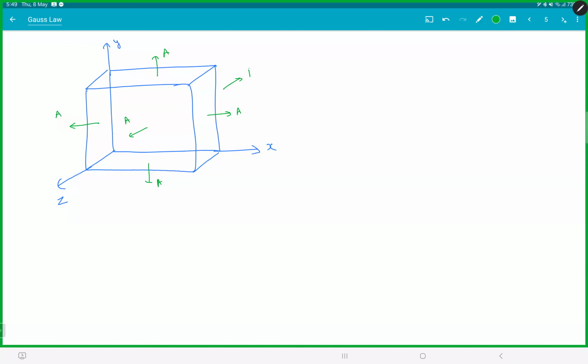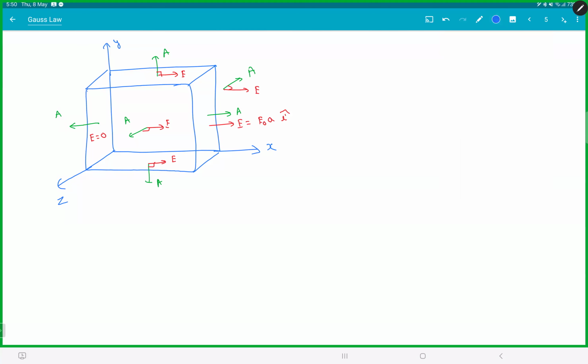Now, interestingly, when the field is changing, it is perpendicular. So the field is actually changing for 3, 4, 5, 6. But it is always perpendicular. And here E will be 0, and here E will be E naught into A I cap.